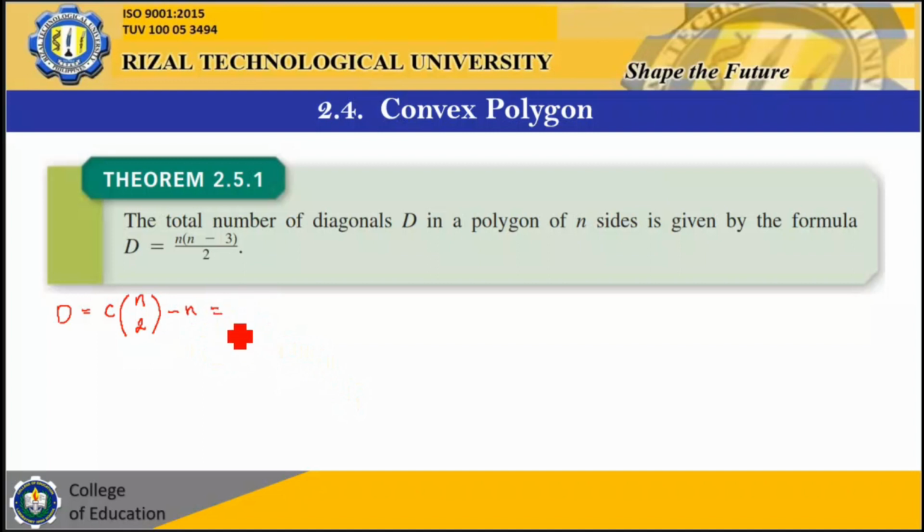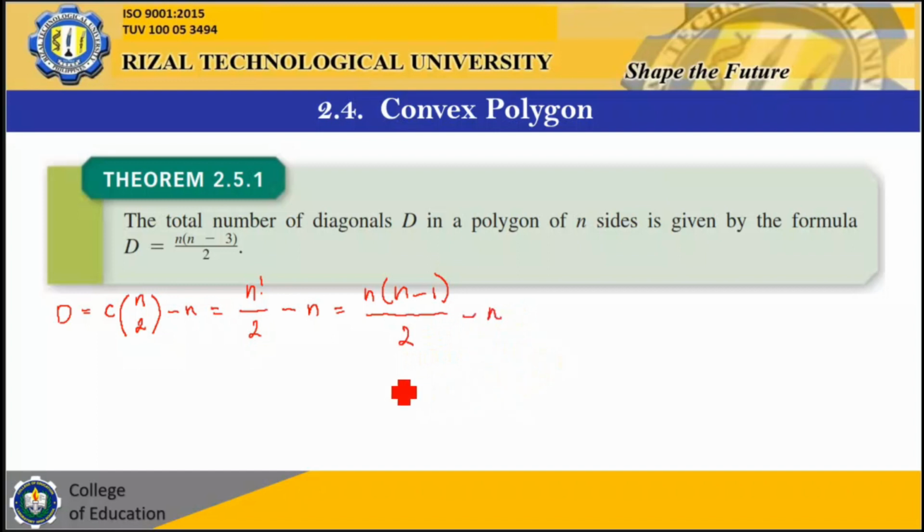If we are to write the combination of n chosen 2 at a time, then we have n factorial divided by 2 minus n. And basically, we define n factorial as n times n minus 1, and if we are to expand n factorial divided by 2, then minus n.